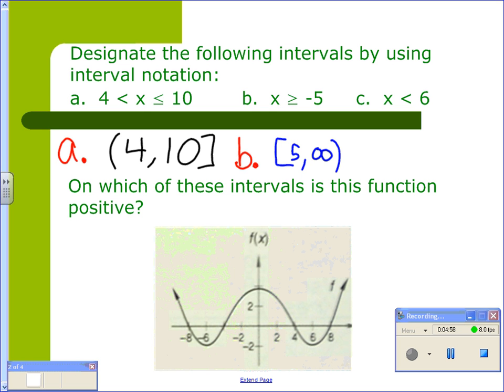Is that correct? What's wrong with it? You just left off your negative. But yeah, the parentheses and the brackets were correct, right? I'm more concerned about that right now than that he got the -5 instead of 5. Does that make sense? Okay.